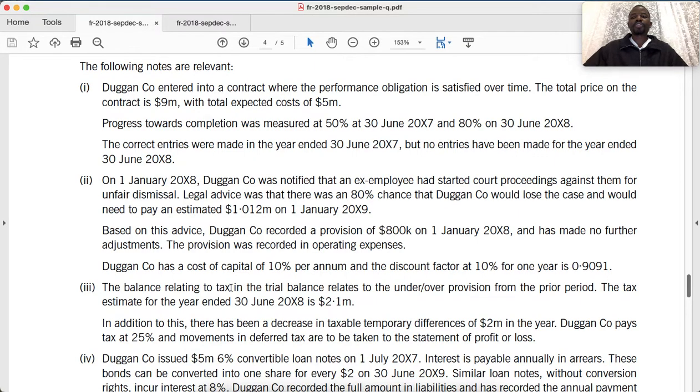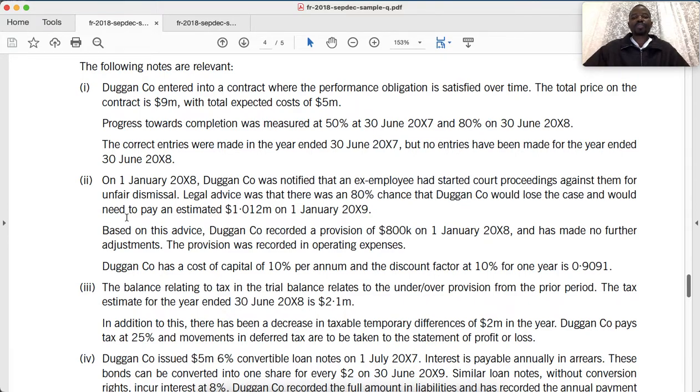Now let's go to note number 2. On 1 January 20x8, DCO was notified that an ex-employee had started court proceedings against them for unfair dismissal.